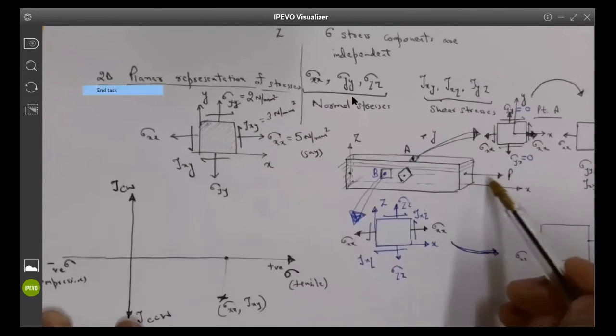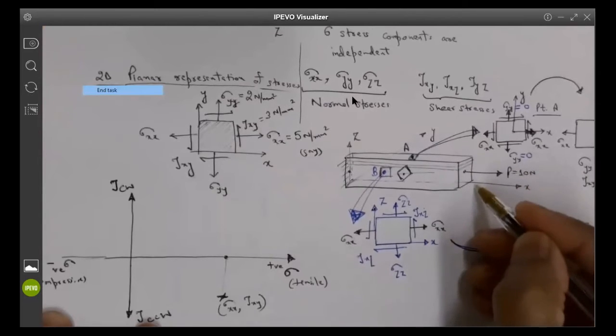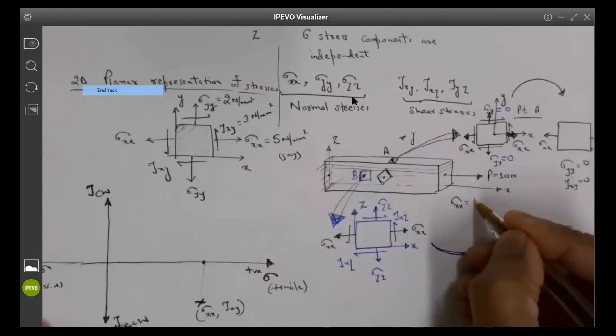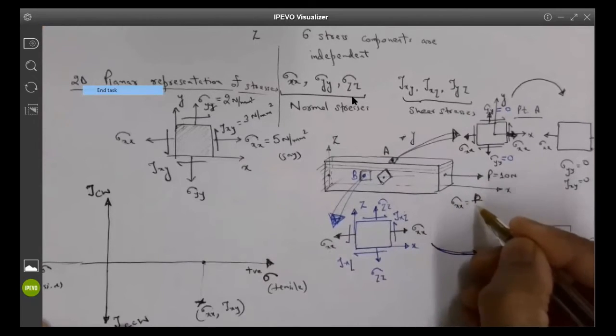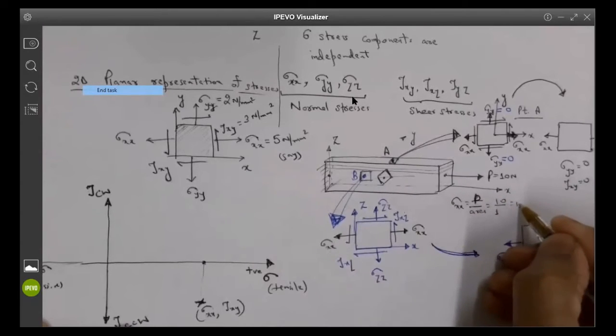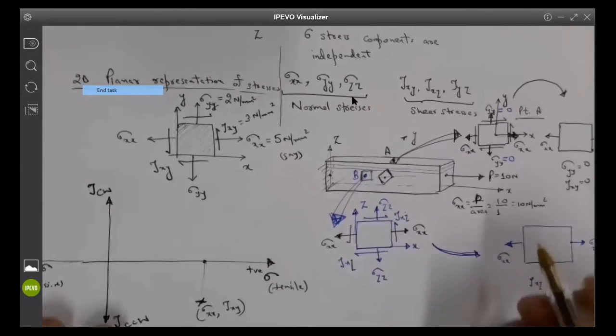For example, in this case, if P is 10 newtons and the cross section area is 1 millimeter square, what will be sigma xx? P divided by area, 10 divided by 1, which will be 10 newtons per millimeter square, right?